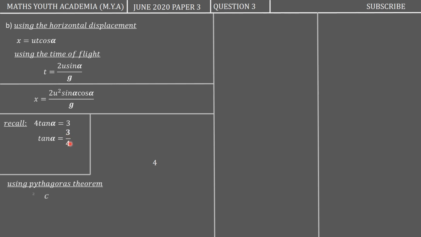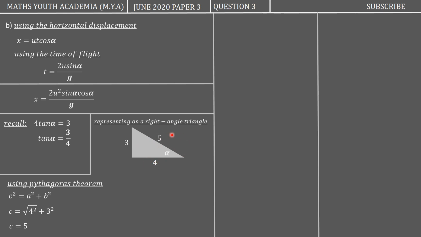Okay, using Pythagoras theorem, I'll have c squared equals a squared plus b squared. Representing on a right angle triangle, tan alpha, which is opposite on adjacent, I have my opposite and I have my adjacent. To find now the unknown part, which is our hypotenuse, I'll simply use Pythagoras theorem. I'll have the square root of what? 4 squared plus 3 squared.